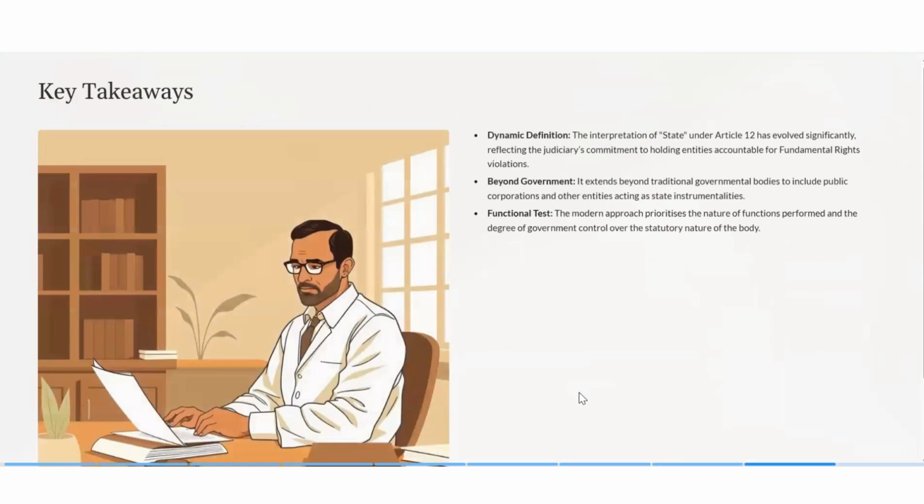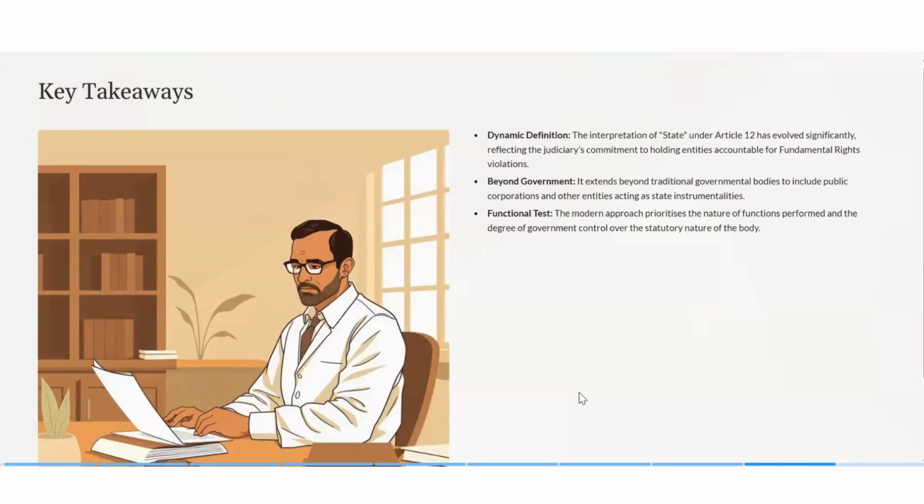So now coming to conclude this lecture, the definition of a state under the Indian Constitution and key takeaways. Dynamic definition: the interpretation of a state under Article 12 has evolved significantly, reflecting the judiciary's commitment to holding entities accountable for fundamental rights violations.